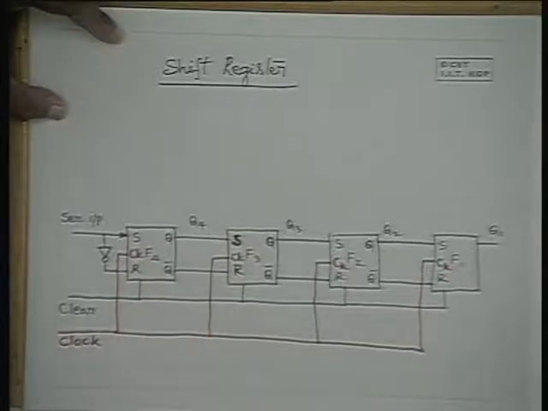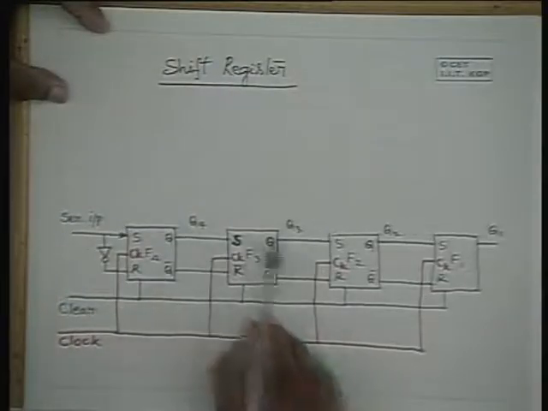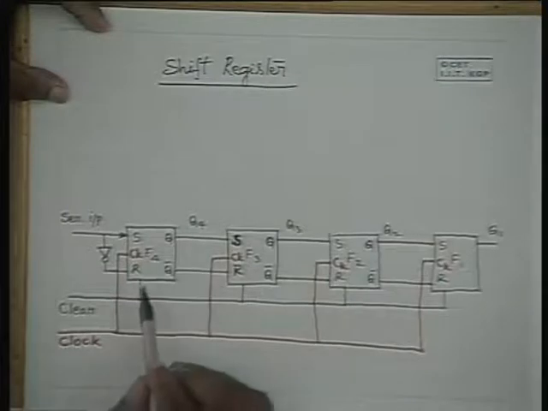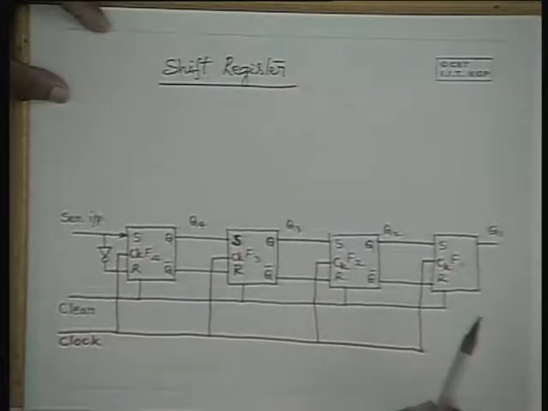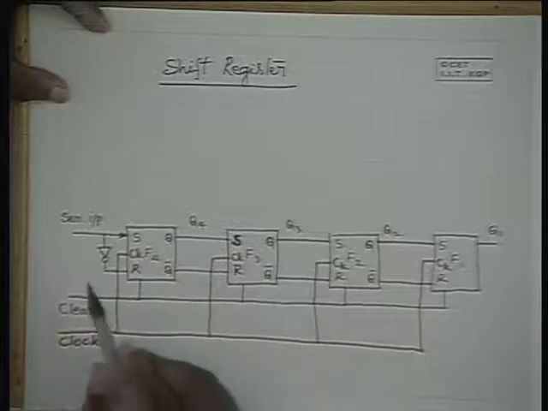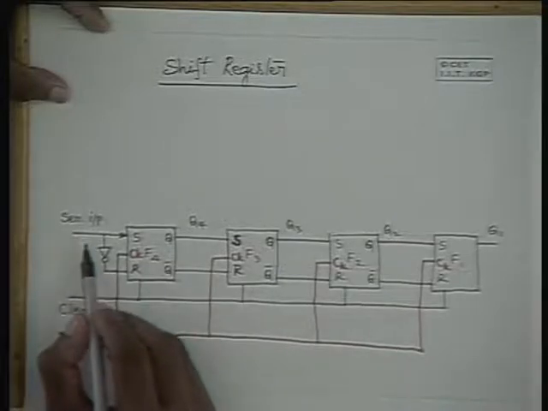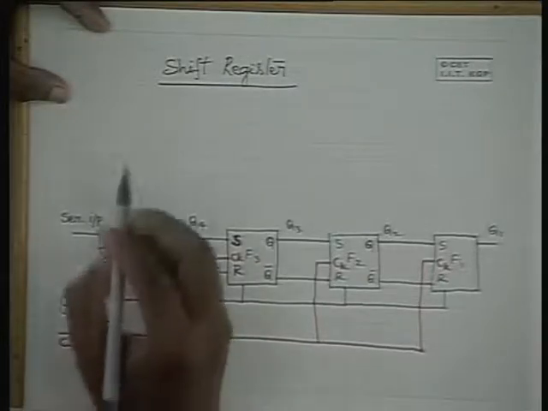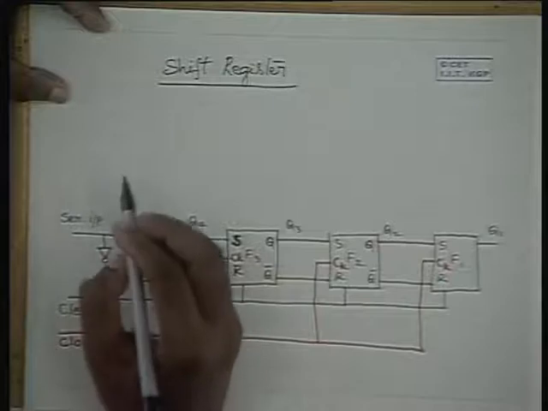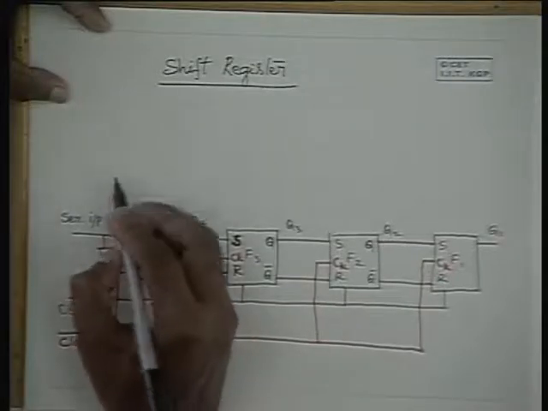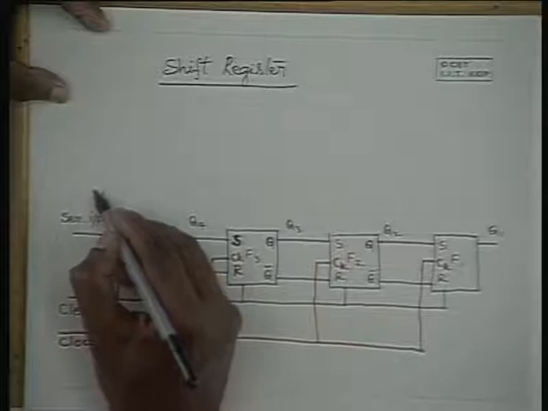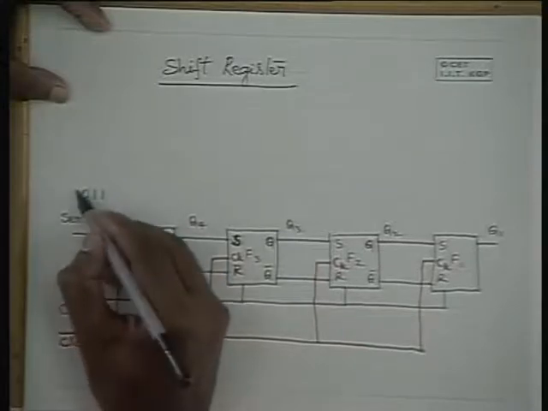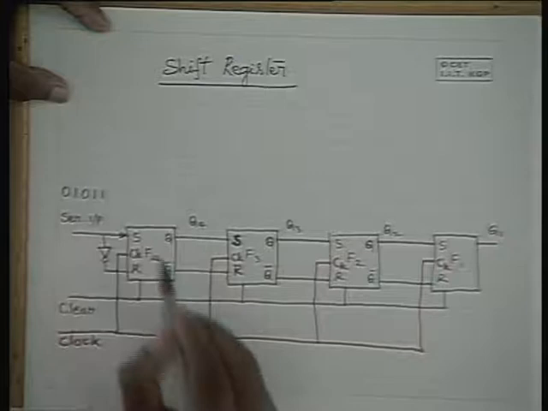Now let us examine the function of the circuit. Initially, if it is cleared, all the flip-flop outputs will be zeros. If we apply a serial binary input, let us for instance take the data 1 1 0 1 0.